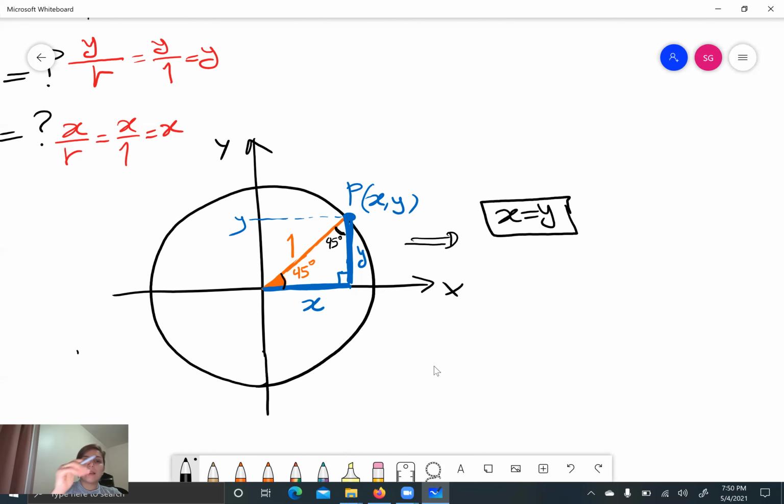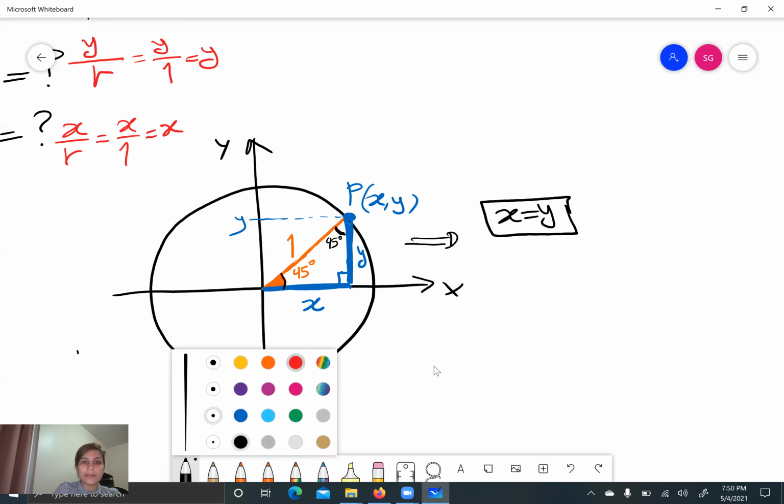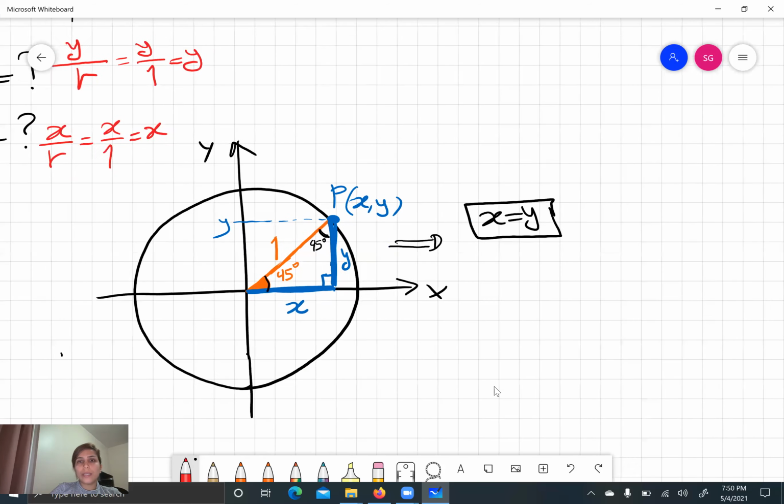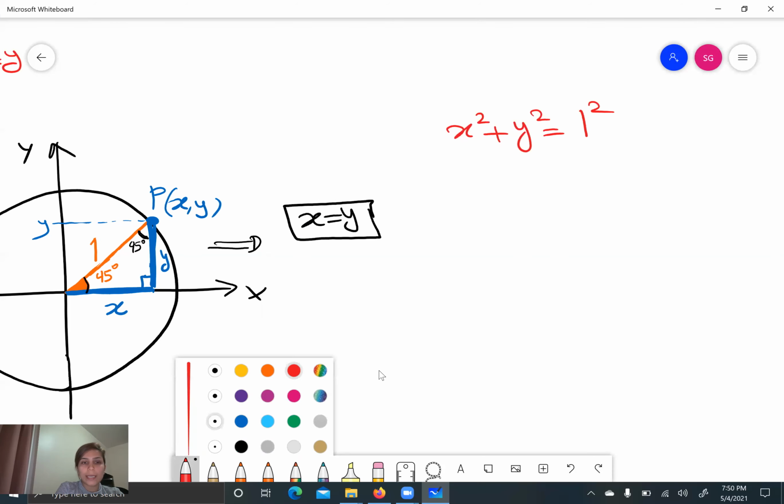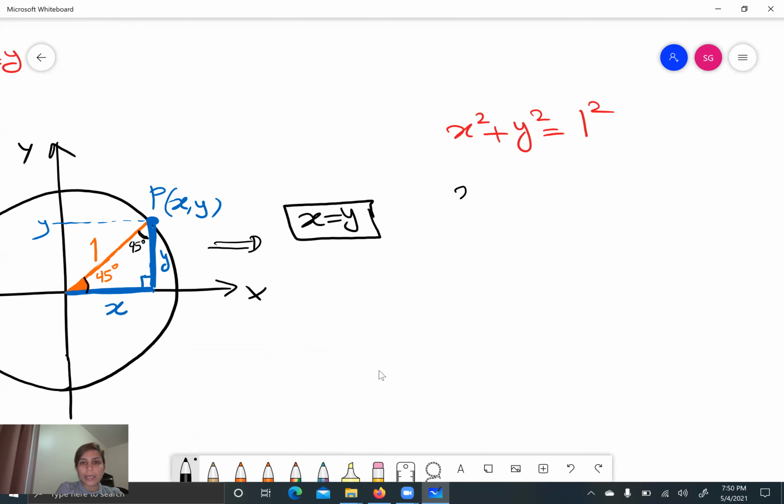Okay, what else? We also know the identity. Let's use the identity as well. In other words, either the trig identity or the Pythagorean theorem says x squared plus y squared equals r squared, in this case 1 squared, right? Do you remember? So here you can say, since x and y are the same, instead of y, I can write x, and then solve for x.